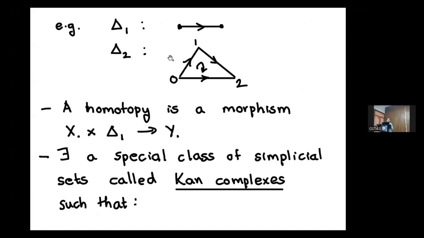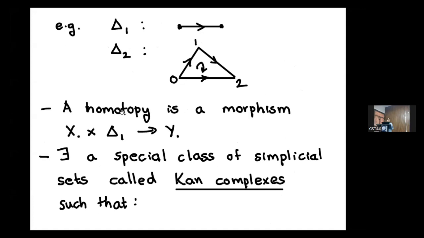A one simplex is basically just a segment, and delta 2 would be a triangle with a single two-dimensional simplex, and so on. I'm not being very precise here, but I hope you understand what I mean.